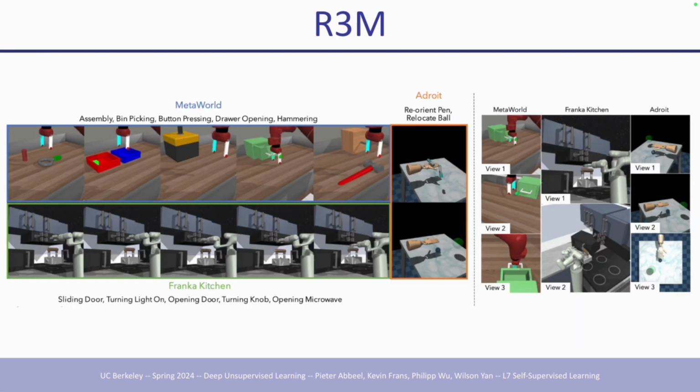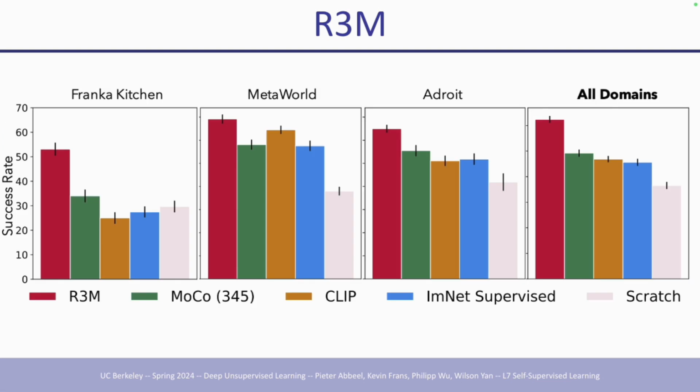The downstream tasks that they test on are just imitation learning. Imitation learning, you can just think of as: you have the ground truth state as well as the action, and they test across a wide variety of different environments. And these are their baselines. So MoCo, which we saw earlier, we have CLIP representations, we have ImageNet supervised representations, we have representations trained from scratch.